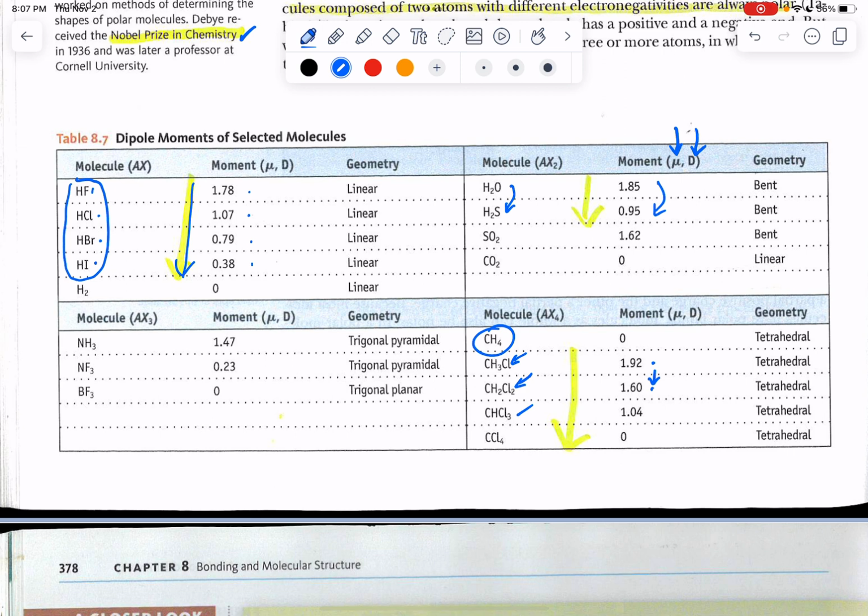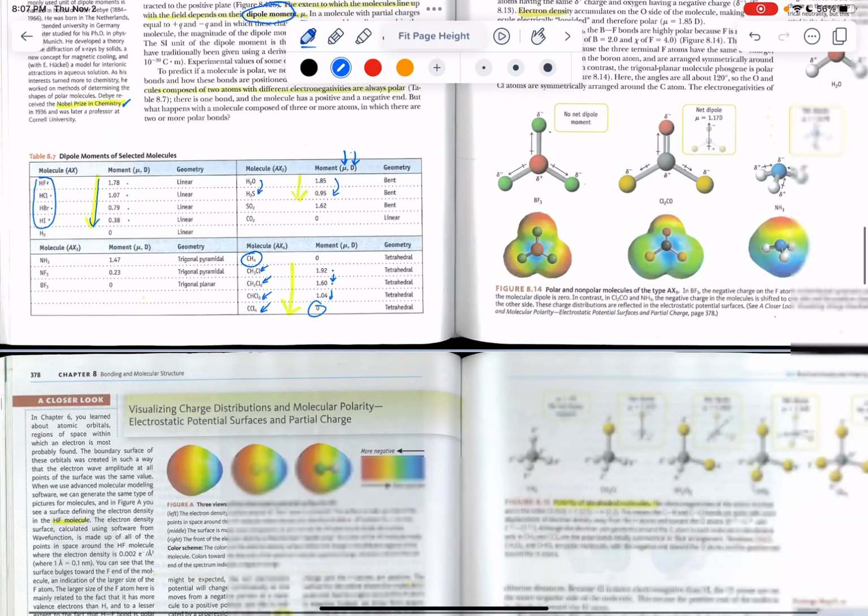And then we dilute the extreme polarity of CH3Cl even more by adding a third chlorine. But when we add our fourth chlorine, we're back to a nonpolar molecule, and my dipole moment goes to 0.